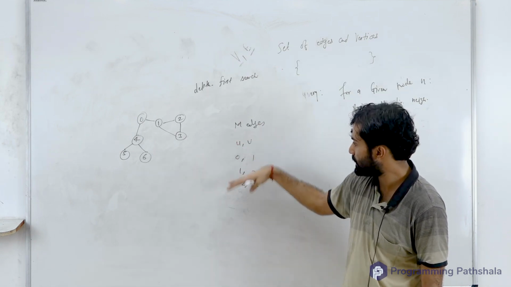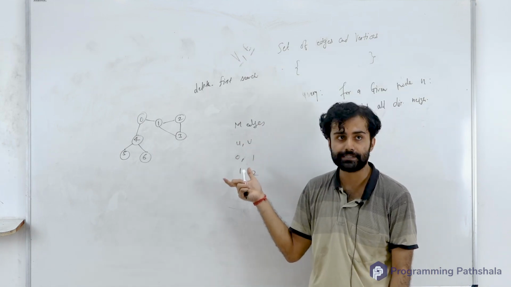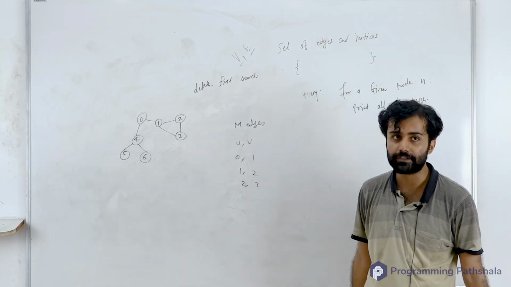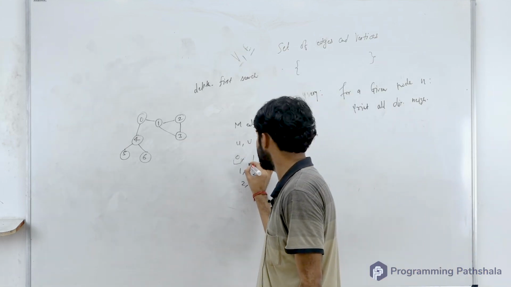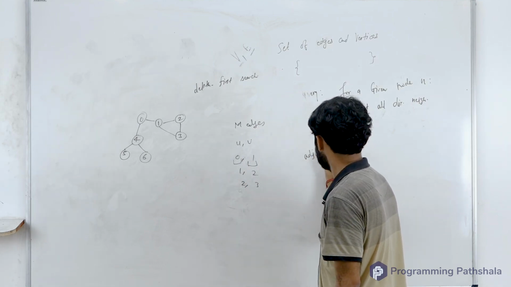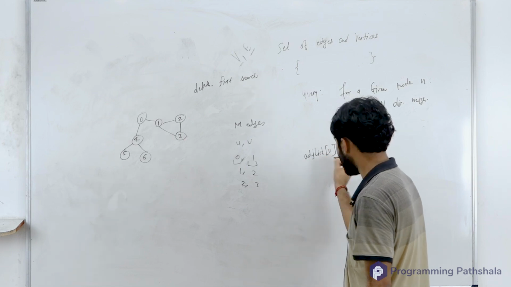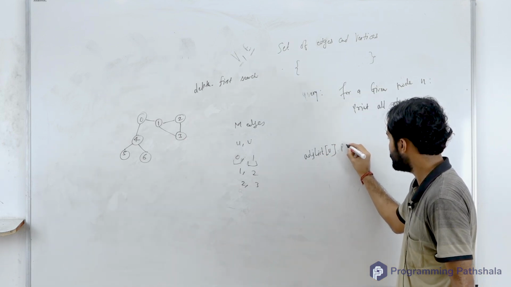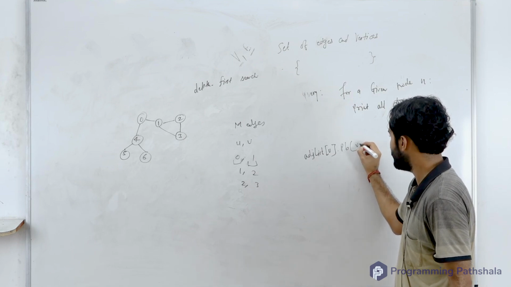When you are scanning these m pairs, you can put these values inside the vector of vectors. Let's say this is u and this is v. So you can do adjacency list u, which is a vector of vectors, and in the uth list you push back this value called v.